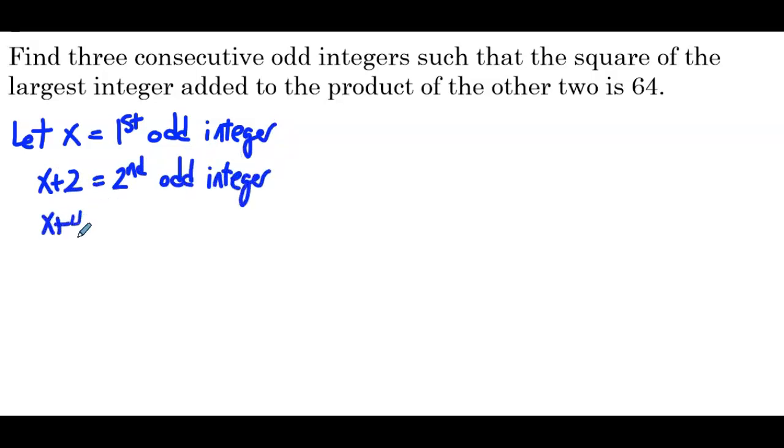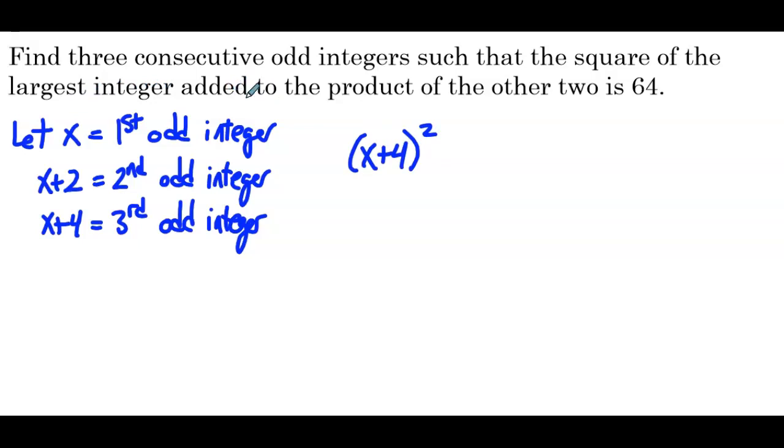And then x plus 4 is the third odd integer. Okay, so we have our let statement. So the square of the largest integer, so that's x plus 4 squared, added to the product of the other two, so that's x times x plus 2, is 64.